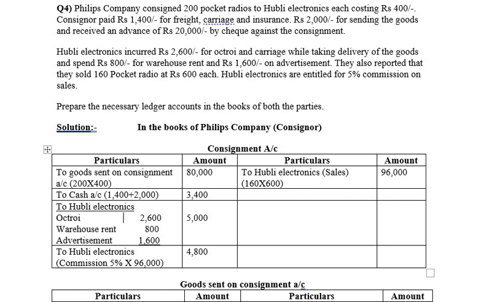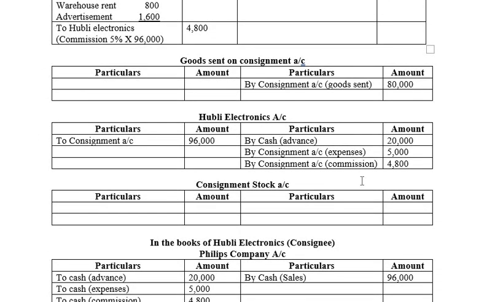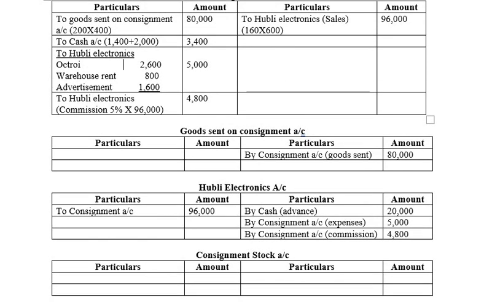The second effect will be in the consignee's account, by consignment account expenses 5,000. I hope you have understood this. Clear?